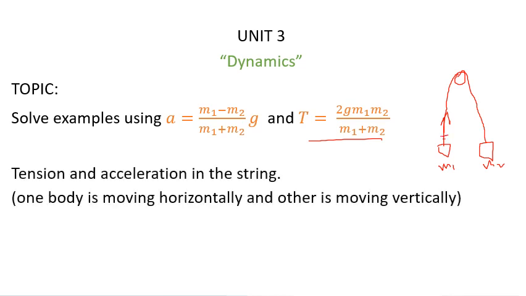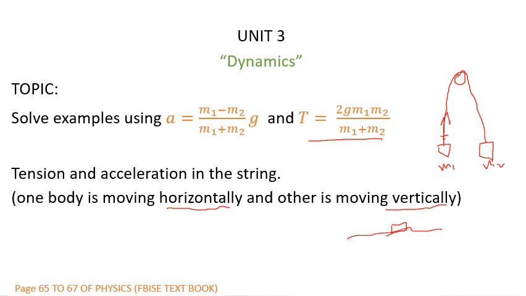Similarly, we will also derive the formulas for tension and acceleration in the string, but this is a somewhat different condition. Over here, one body will be moving horizontally and the other will move vertically. The situation will be like this, and this is, let's say, a surface, right?